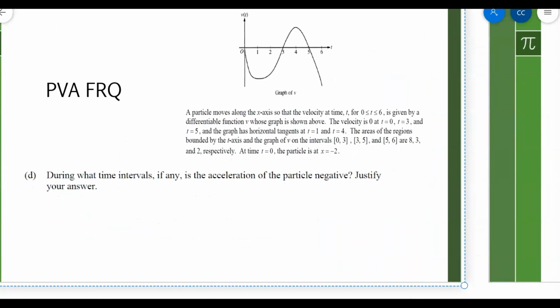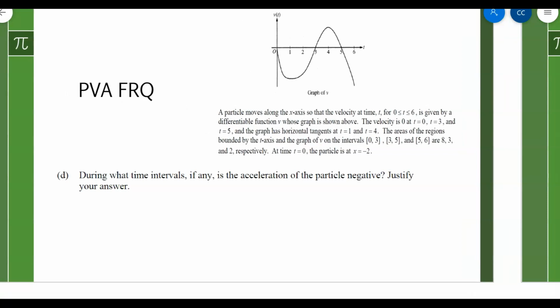And then, during what time intervals, if any, is the acceleration of the particle negative? The acceleration will be negative when velocity is decreasing. Well, we're given the graph of velocity up there. So it's decreasing from 4 to, looks like, negative infinity, or if we're talking about a closed interval, 6.